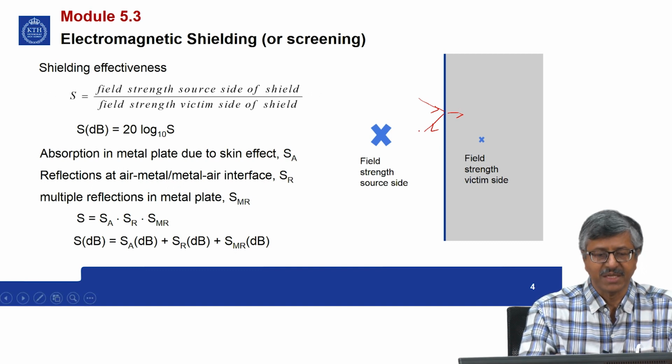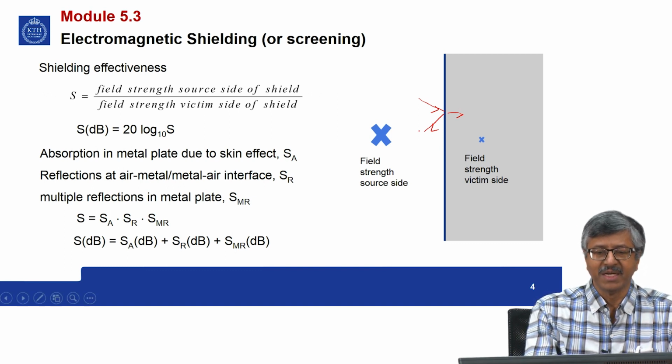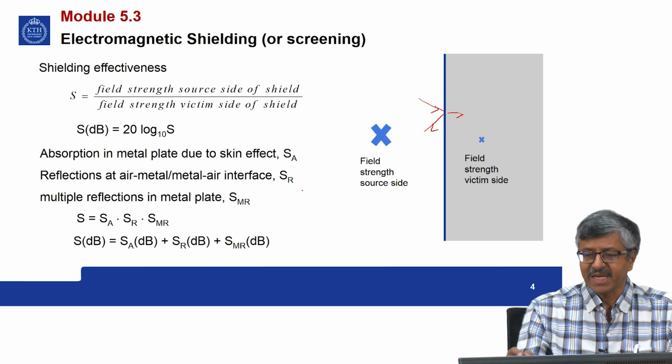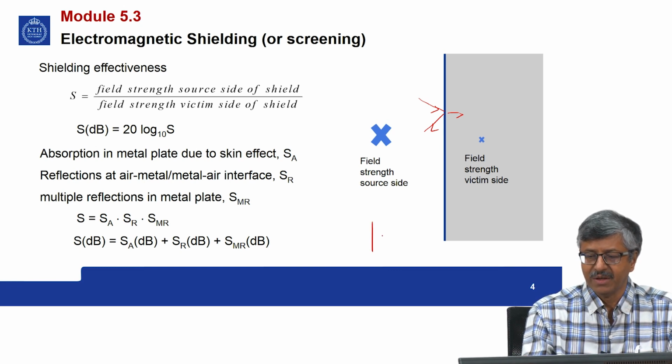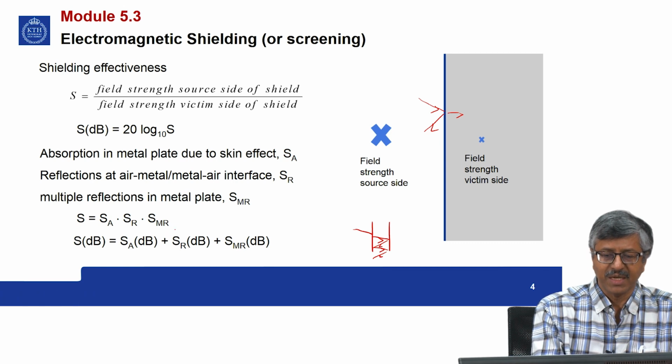So, this is reflection at the air metal air interface. That will be S subscript R. Then inside the shield, this is the thickness of the shield, you can have multiple reflections. So, that part is called MR.